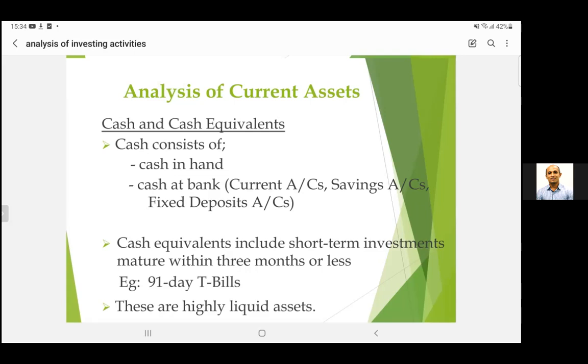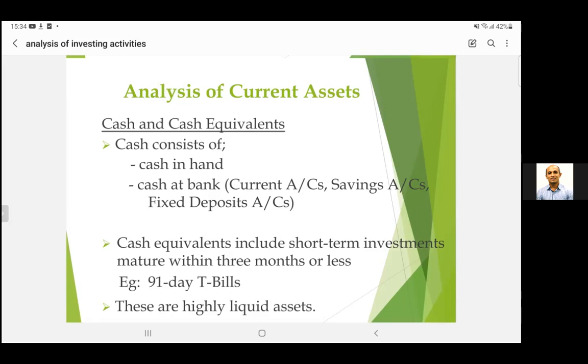Now you should remember here our objective is to make sure companies' investing activities are fairly represented in the financial statements. So we'll analyze companies' cash and see whether cash balances are fairly represented in the financial statements.